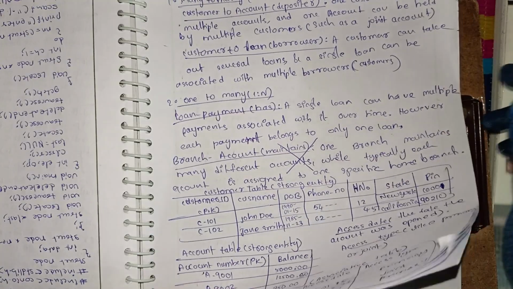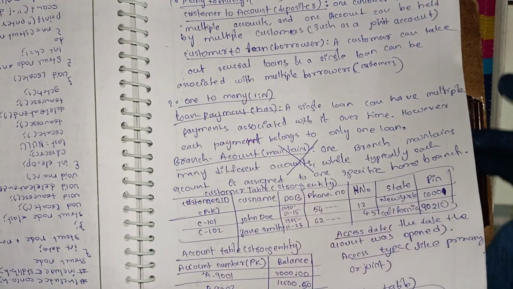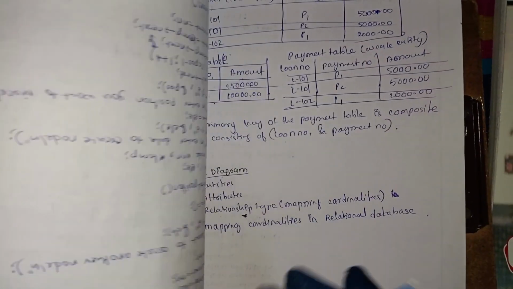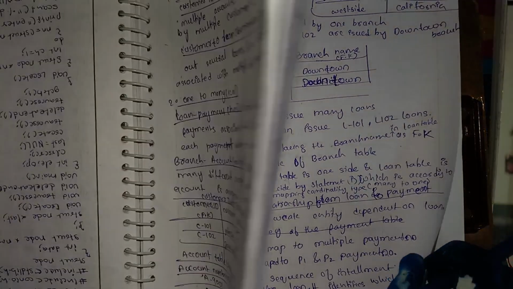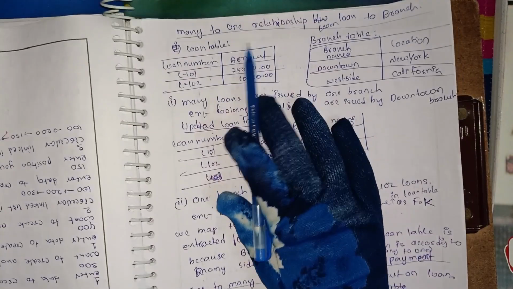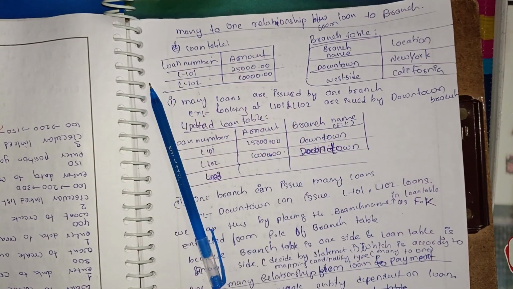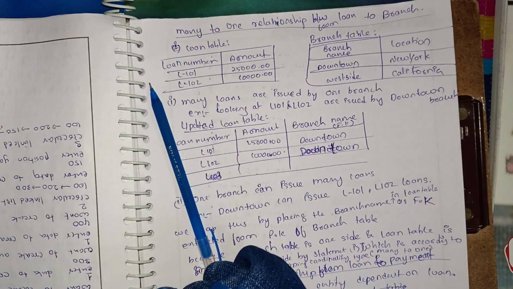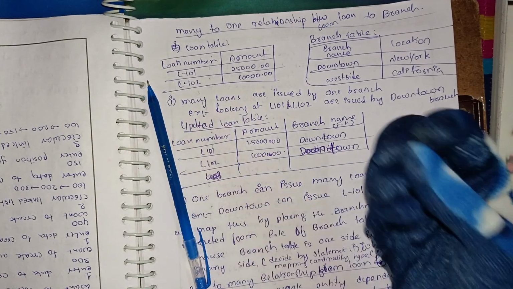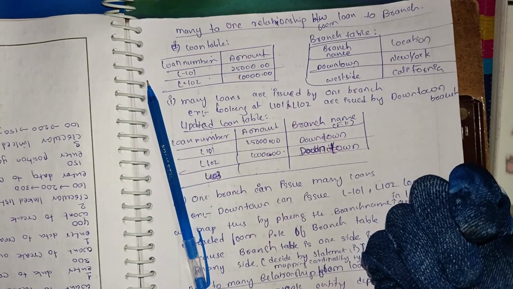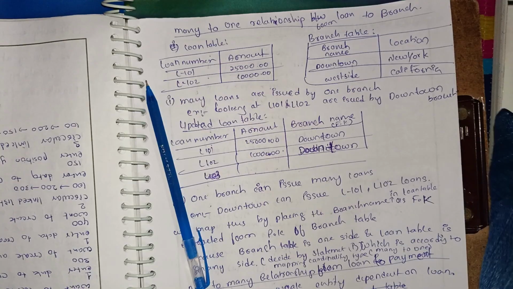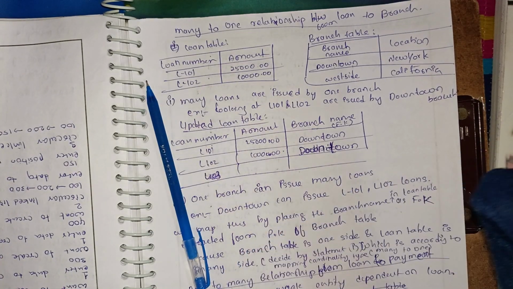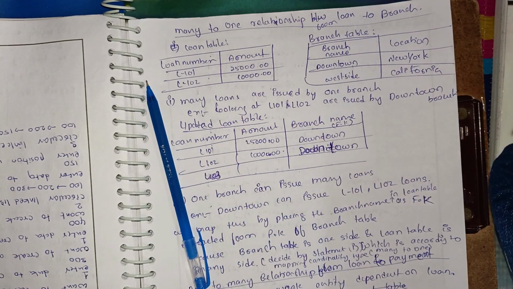And in branch account, the relationship type is many to one. So the many to one definition in the ER model is: each row in the first table relates to exactly one row in the second table, and each row in the second table relates to multiple rows in the first table.